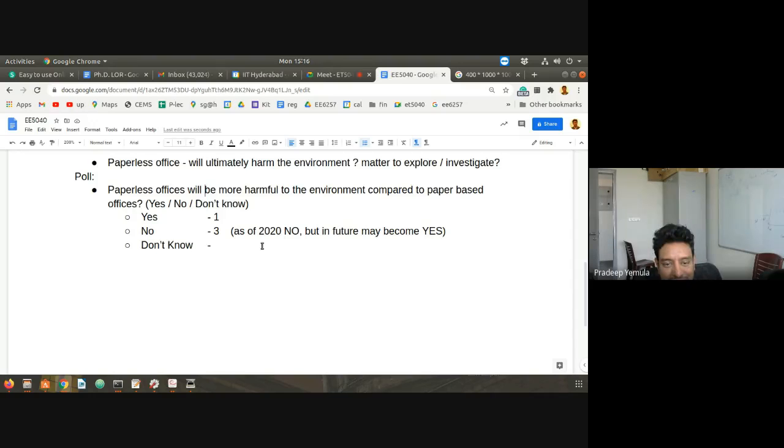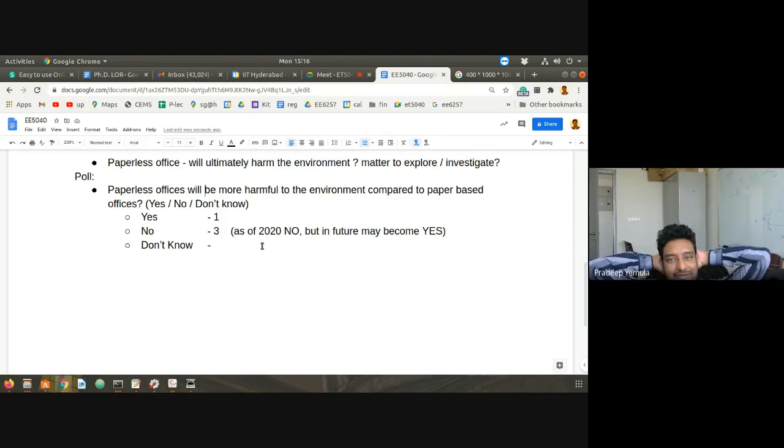Another will be a paperless examination, where I'll send a Google form and you will fill up these answers online. Keeping the usage the same, if you compare paper-based and paperless, which one is more harmful to the environment? Of course, both will consume energy and both will harm the environment.